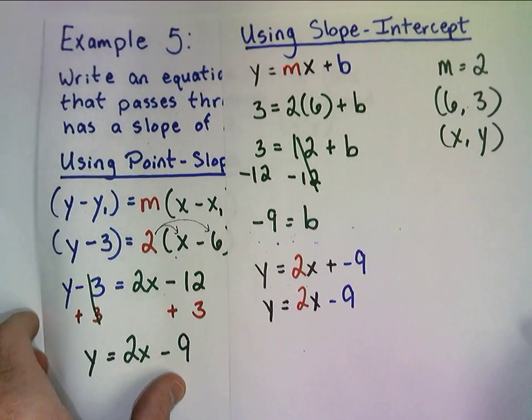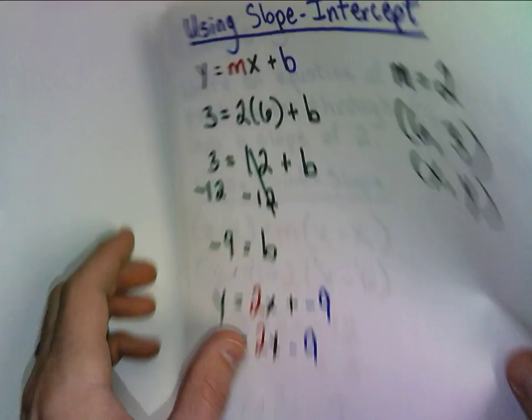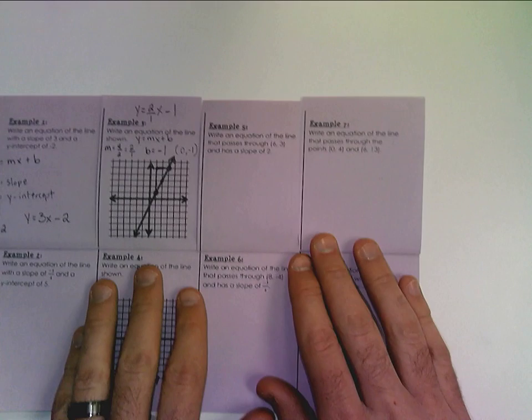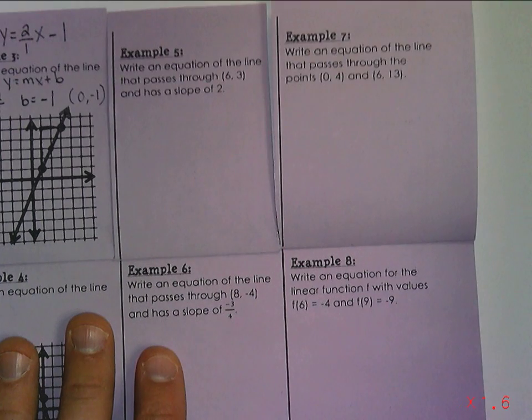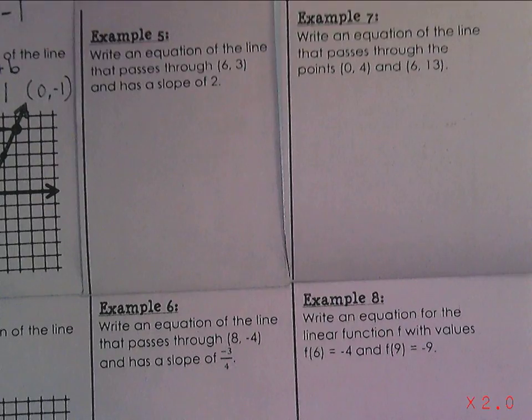So that's example 5. Make sure you get that copied down on your sheet. And then let's take a look at our last example before I have you guys, or all of you I should say, work on the 4 extra problems that I have remaining here.